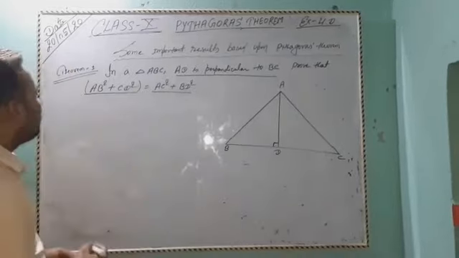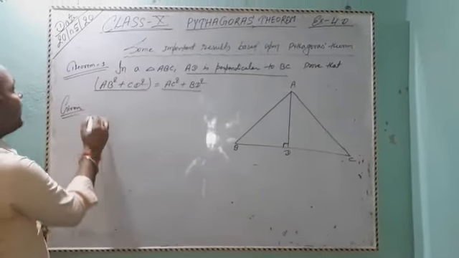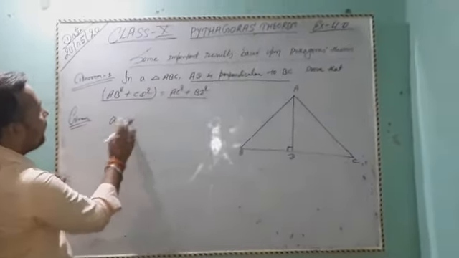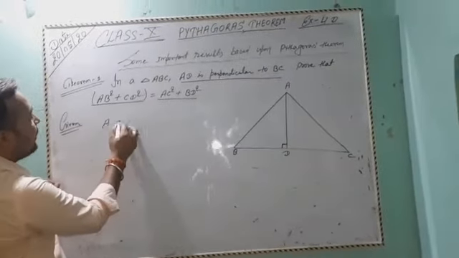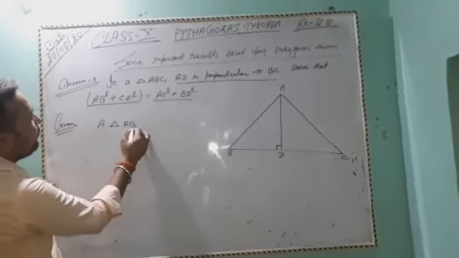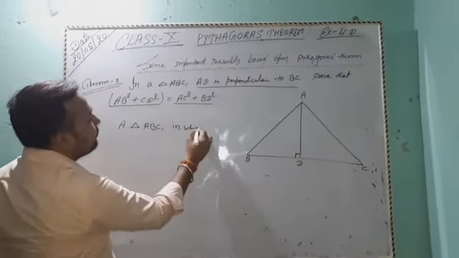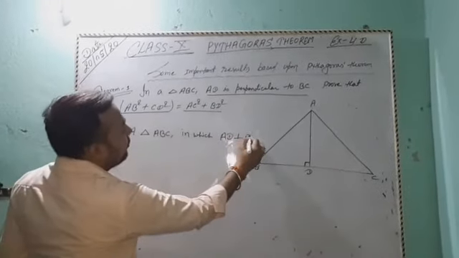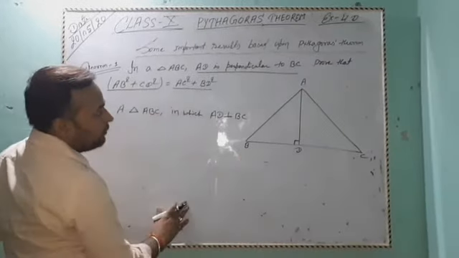Okay. So first, given a triangle ABC in which AD is perpendicular to BC.